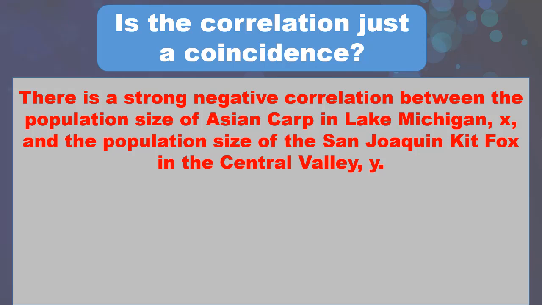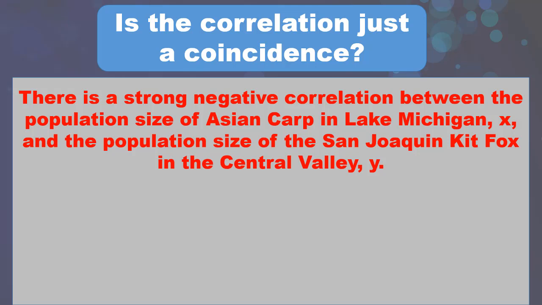These carp are apex predators in the Great Lakes, and they're not supposed to be there, so they've disrupted the whole ecosystem. Their populations are soaring, and there's nothing there to stop them from getting bigger and bigger.